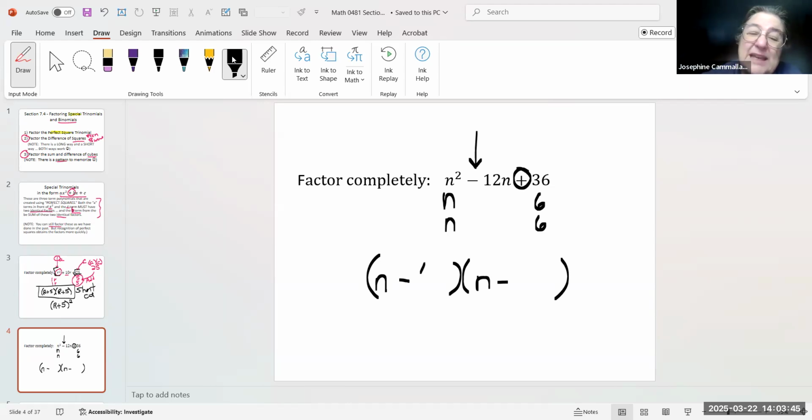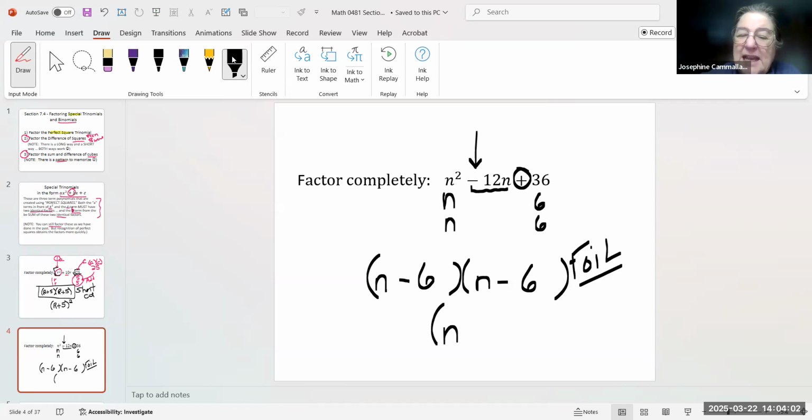Well, this will give me 6 and 6. Because if I FOIL this, I'm going to get 12 in the middle. So my answer is n minus 6 squared.